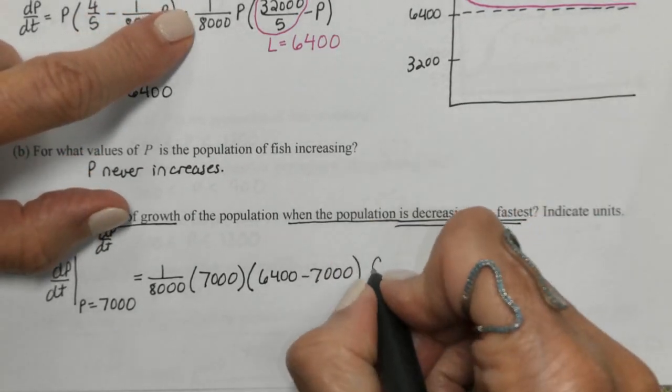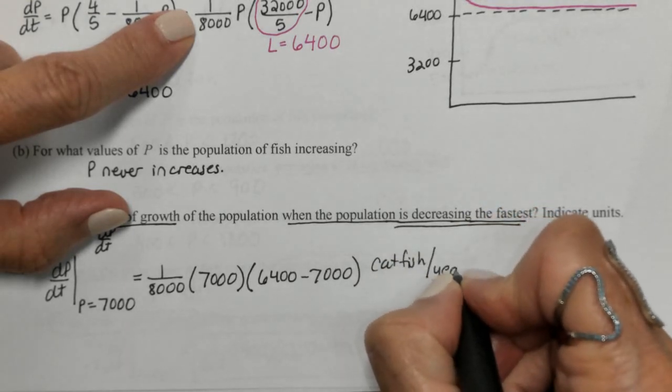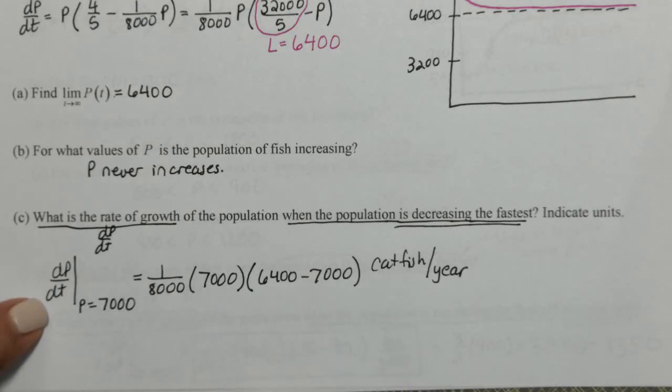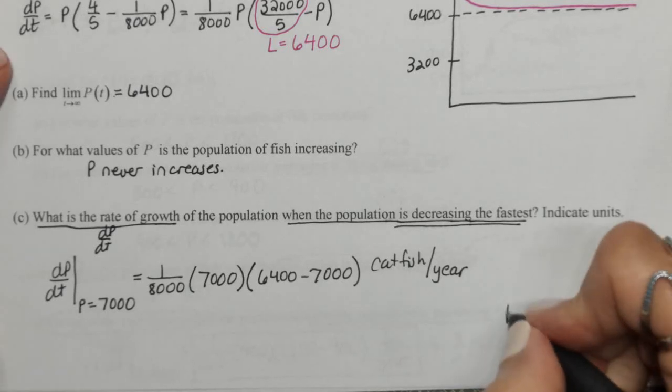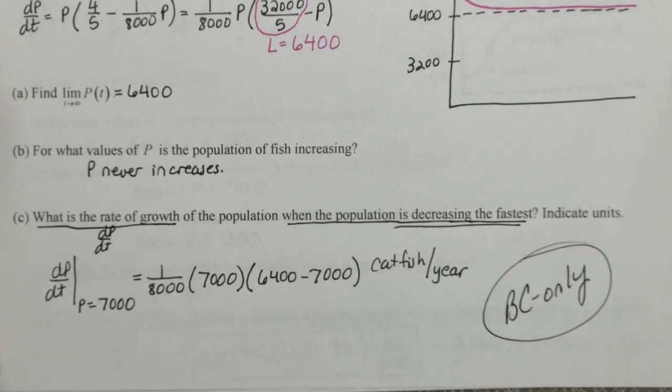We are in catfish per year. Units of P divided by units of T. And that's it. That is logistic growth, and it is probably one of the easiest of our BC only topics. This is a BC only topic. AB will not get there. Okay?